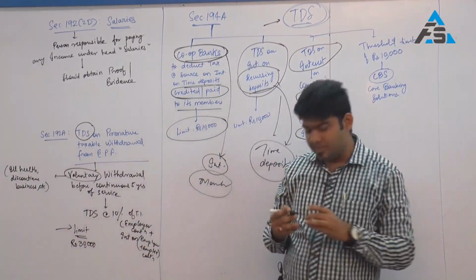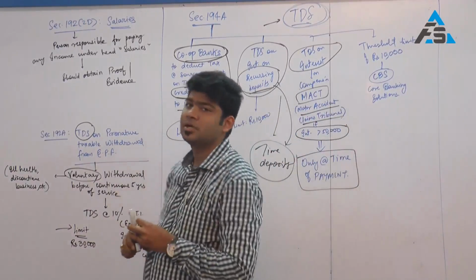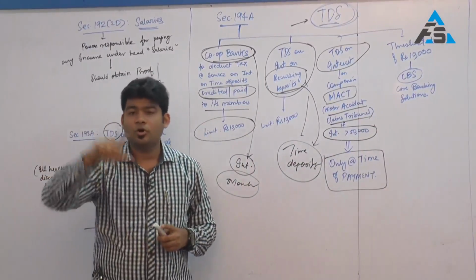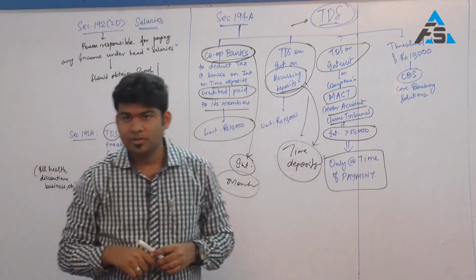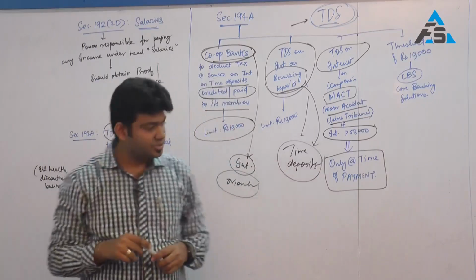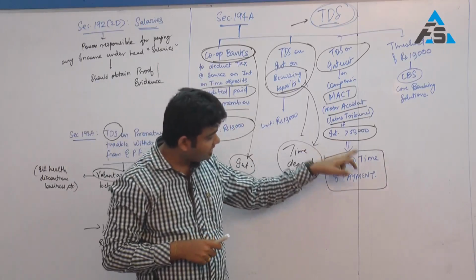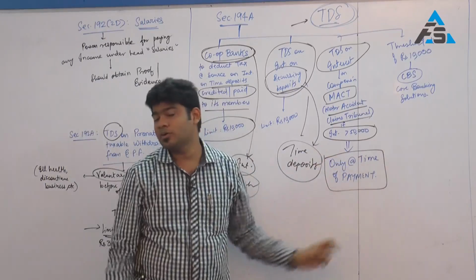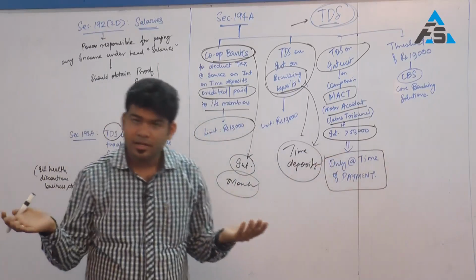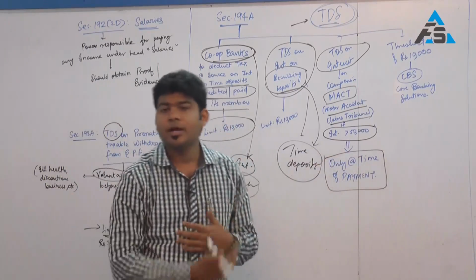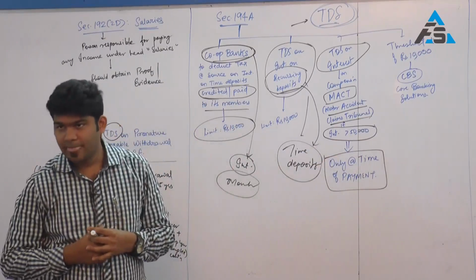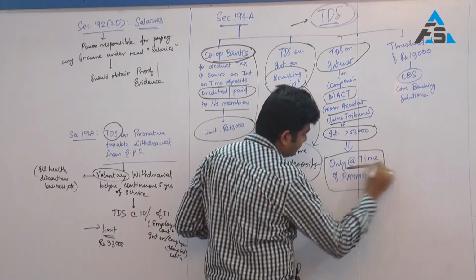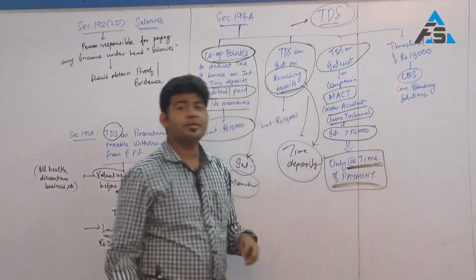Because the interest is being accrued on a regular basis, but we do not know whether that interest belongs to the owner or to the insurance company, right? So this provision specifically states that TDS will be deducted only at the time of payment, because it is still in no man's land. Whoever wins the case will take away the interest. So that is the reason the words specified here are at the time of payment.